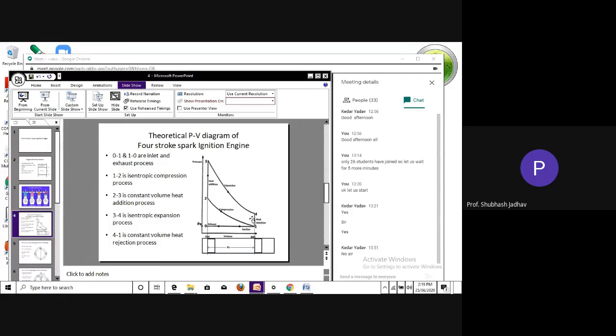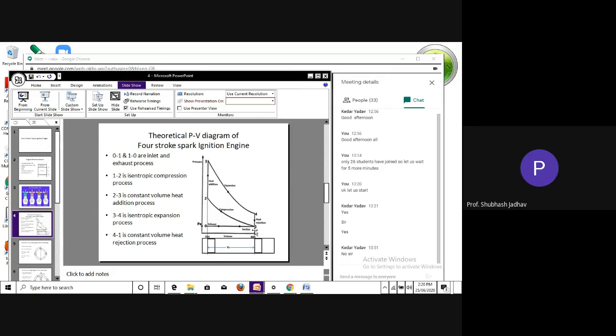So you know that whenever we are going to exhaust, we have to go from 1 to 0, correct? And at that time, the pressure is going to remain atmospheric, because the instant you open the exhaust port or exhaust valve, suddenly the pressure reduces to atmospheric and all the gases start moving out. Instantaneously it is moving out.